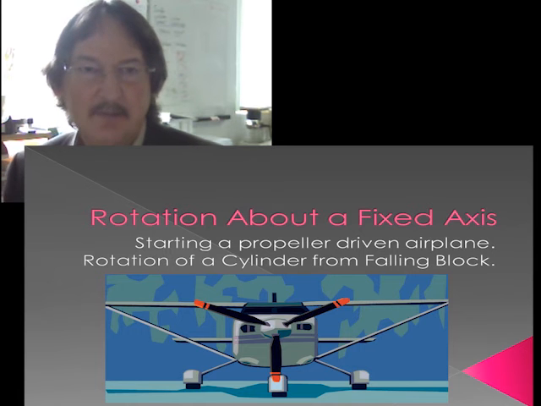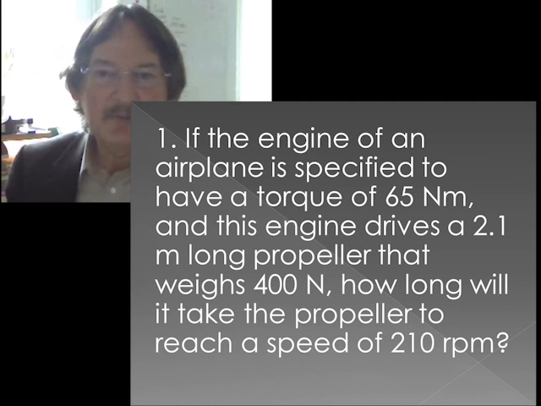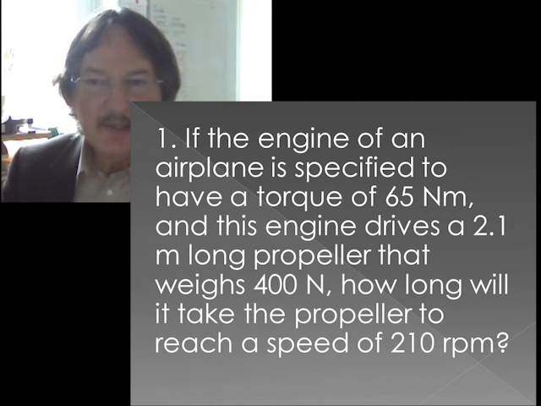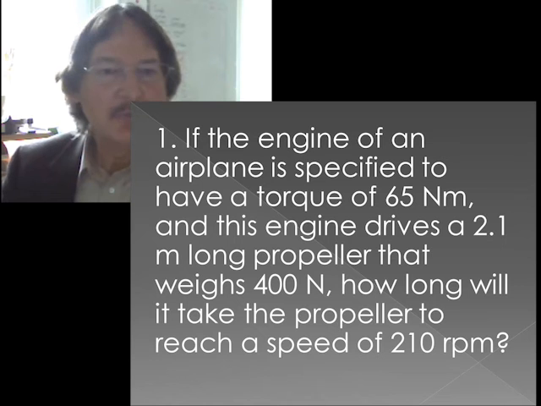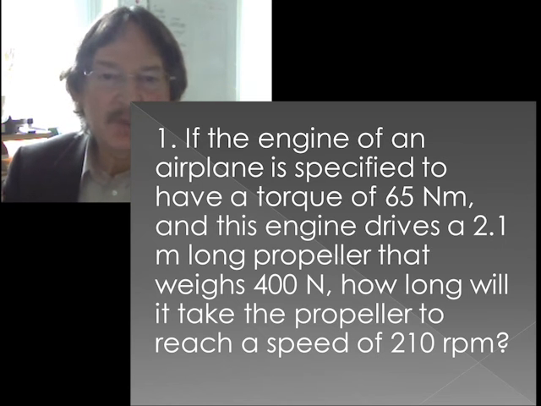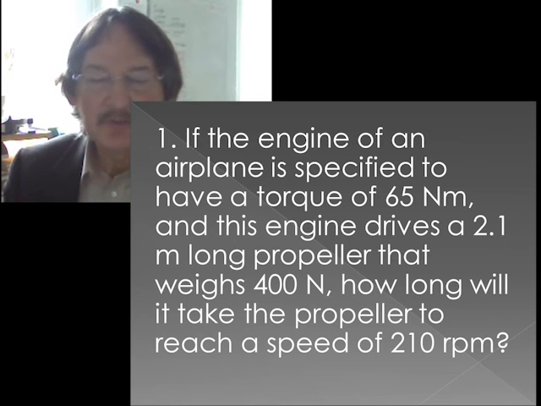If we take a look at the first problem, if an engine of an airplane is specified to have a torque of 65 Newton meters, and this engine drives a 2.1 meter long propeller that weighs 400 newtons, how long will it take the propeller to reach 210 revolutions per minute?